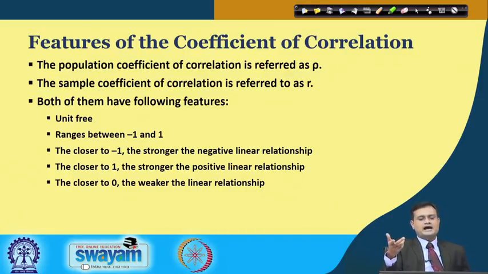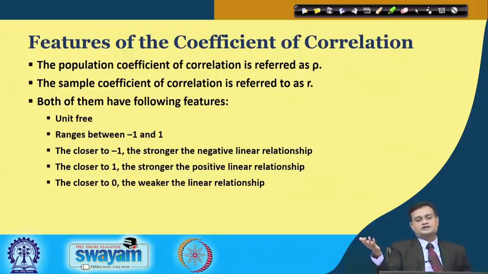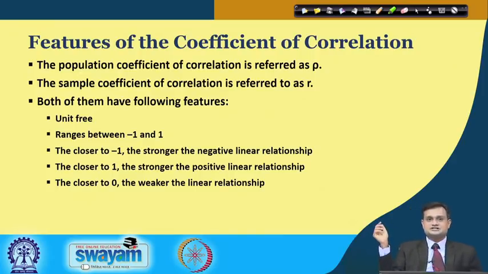So, you may have features like this: they are unit free and range from -1 to 1, and if it is closer to -1, it is a stronger negative relationship, closer to 1 then it is a stronger positive relationship, and if it is 0 then it is a weaker linear relationship, or there is no relationship.